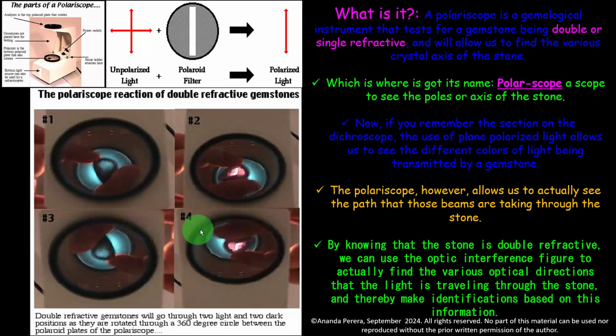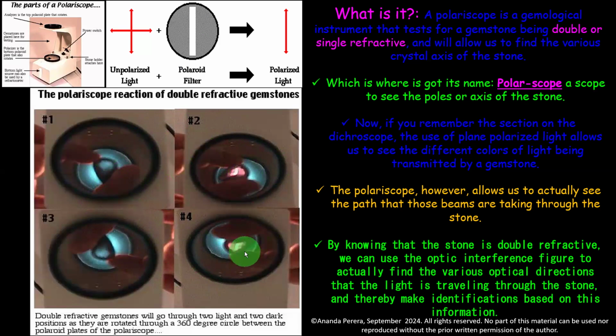Then it gives light again. So when we rotate the stone one full round, it changes four times: black, white, black, white. Black means no color comes through. So remember this: black and white, no color and with color.